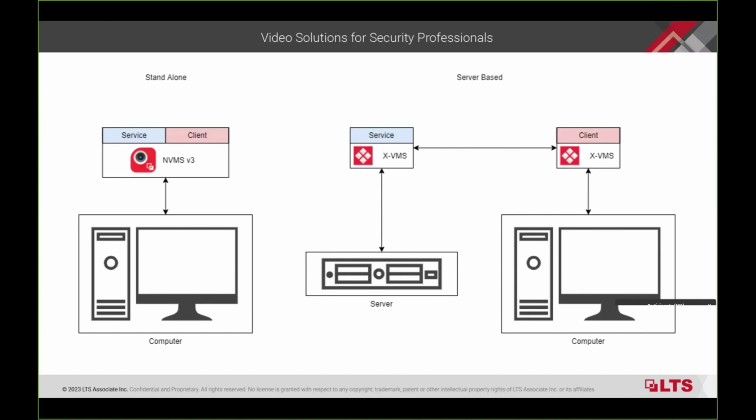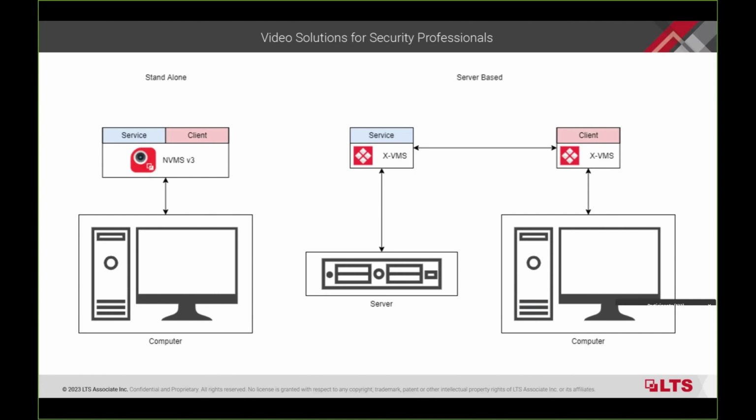There is a service, and then there is a client. The service is what does all the background stuff. This is what accesses all of our equipment, so recorders, cameras, controllers, door stations, and indoor stations. And the client is what presents that information to the people who are trying to access it.